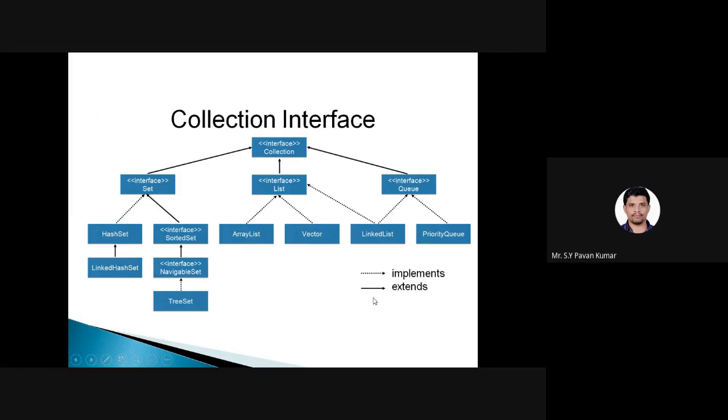Of course, both belong to inheritance only, but the dotted arrow says implements, and the solid arrow tells you extends. So the extends clause can be placed between two classes or two interfaces, whereas the implements clause is used between interfaces and classes.